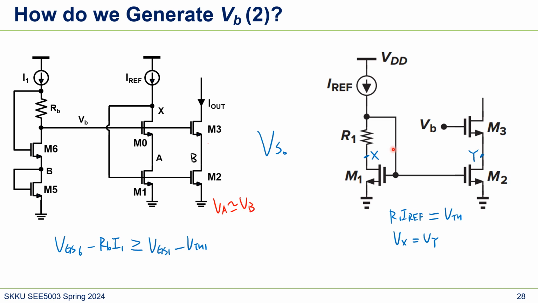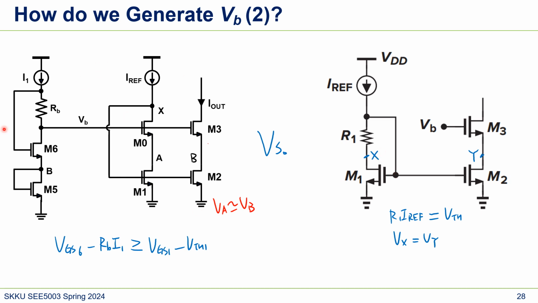So again, this circuit uses a resistor to set some voltage, and this circuit also uses a resistor to set some voltage, but this is not good, and this is okay. This is not good because the goal here is to make the drain voltages of these two MOSFETs the same, so it's hard to achieve because of the PVT variation.